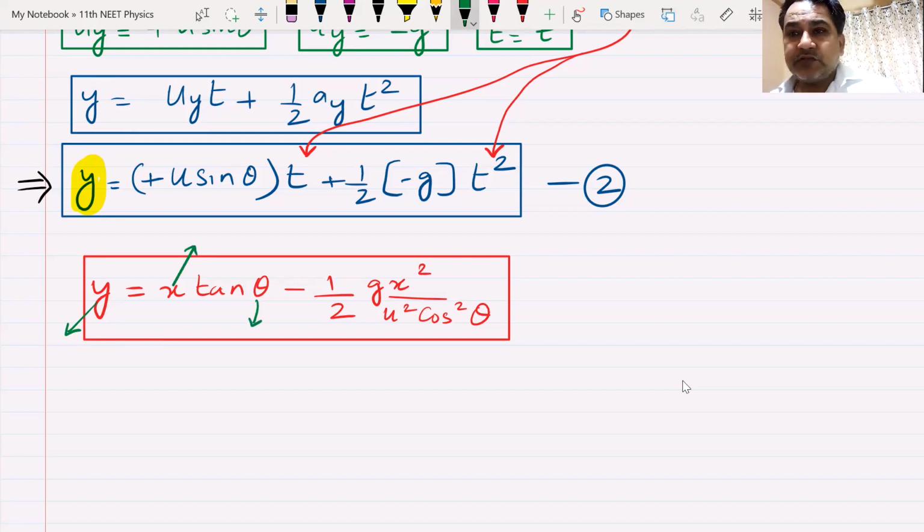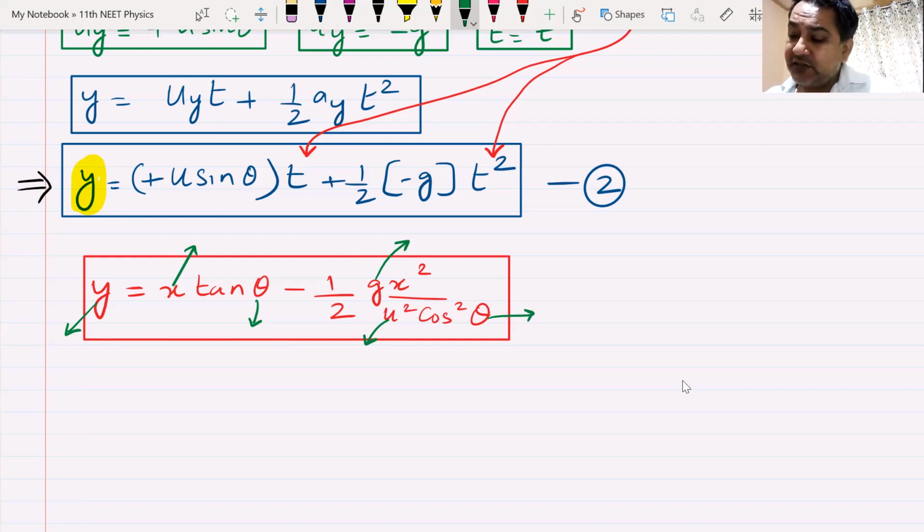Theta is the angle of projection. g is acceleration due to gravity. u is the initial speed with which you throw the ball. Theta is again the angle of projection, and that's it.